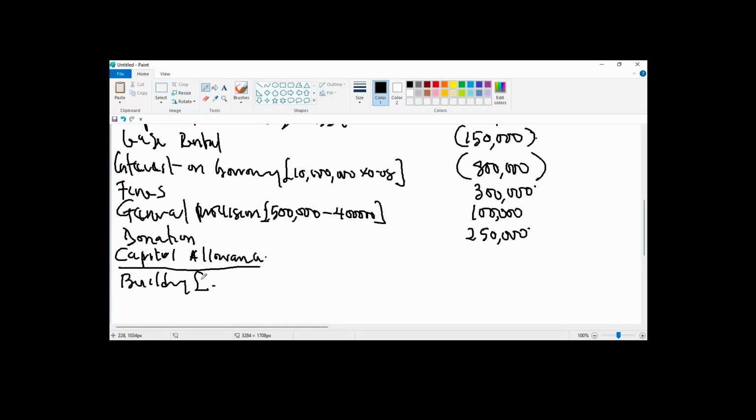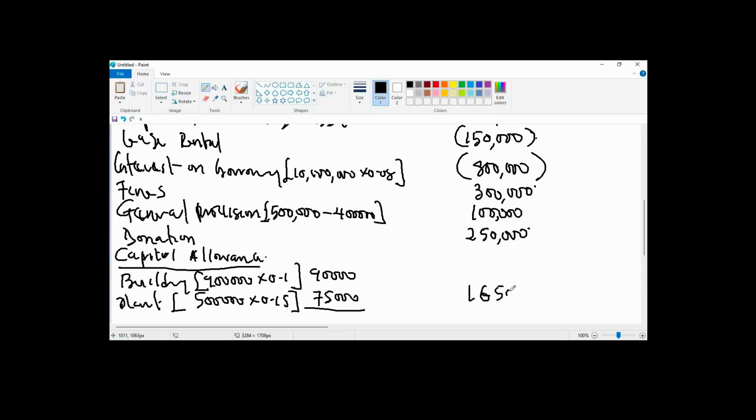Building has 900,000, times 0.1, gives 90,000. Then on plant, 500,000 at 15% gives 75,000. Total is 165,000, which I will now deduct.